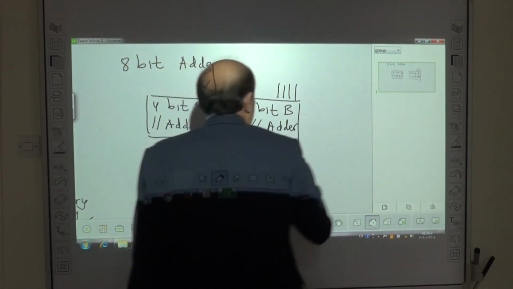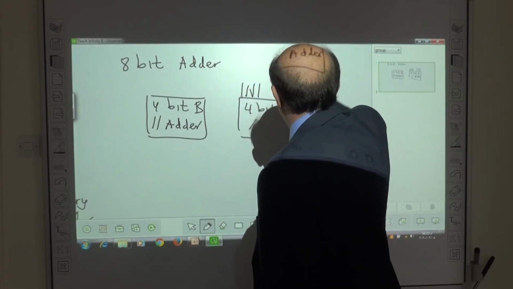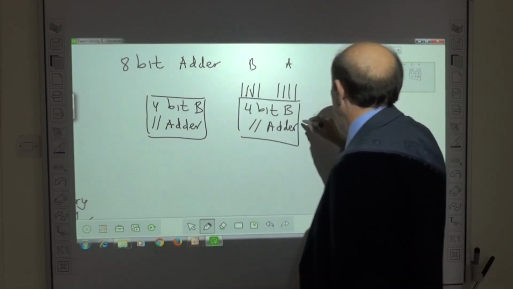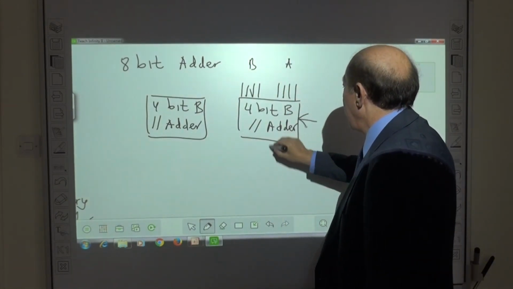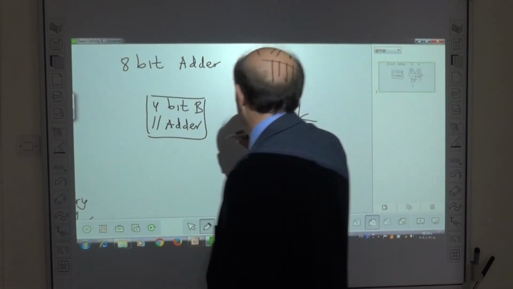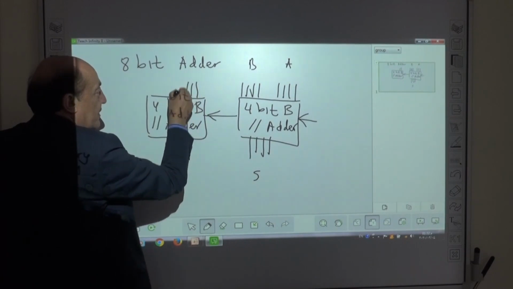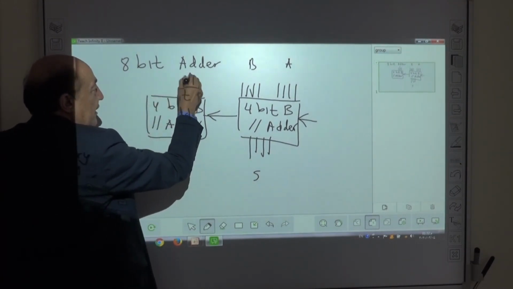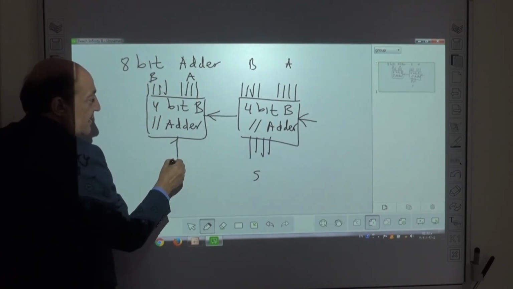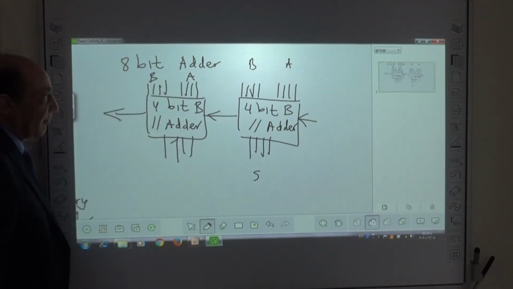We apply to the first the first 4 bits from A and B. This is carry in. Here is the sum, and apply the next 4 bits from B and A. This is sum, and this is carry out.